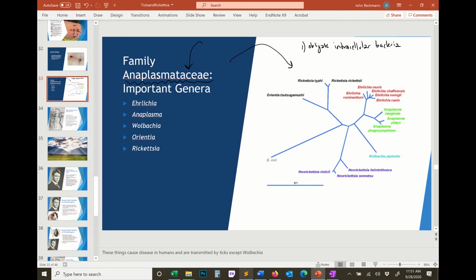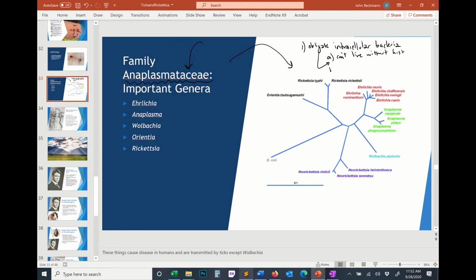So what does this mean? What's this mean? Can't live without host, but it's more than that. Like parasites can't live within hosts, but they're not obligate intracellular bacteria.